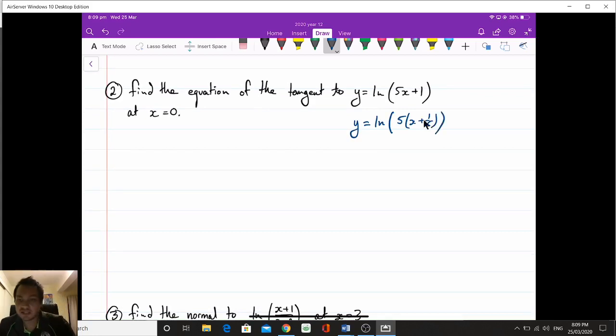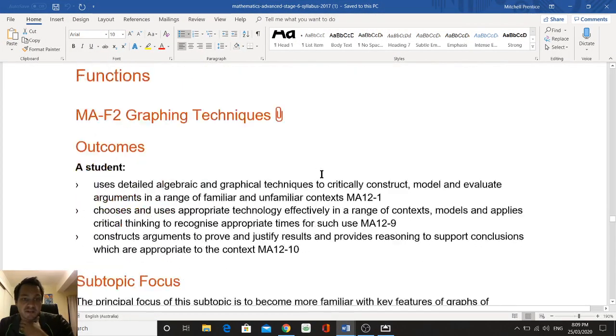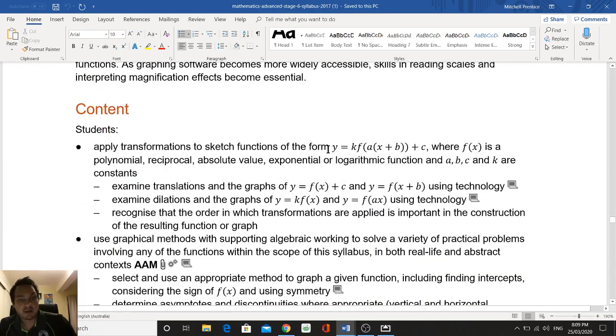I'd factorize the 5 out, and the reason I'd want you to do that is, if you looked at the Year 12 part of our syllabus, graphing techniques, we should know how to apply our transformations of the logarithmic functions. We want to put this function as a, our dilation, and plus b, our translation, left or right, in this format, a brackets x plus b.